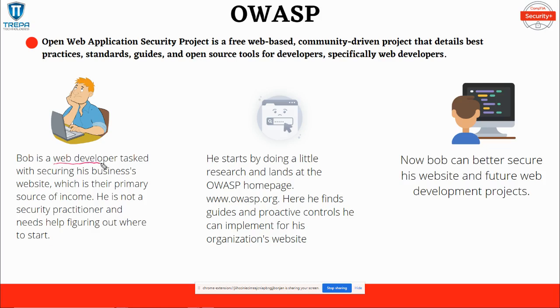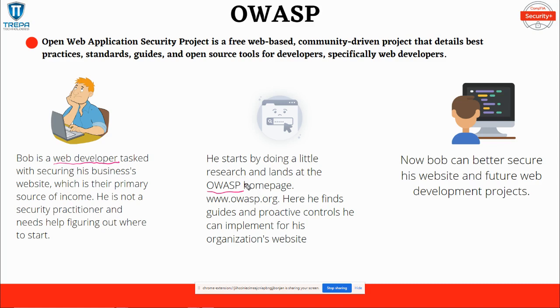So Bob may be a web developer who does not have security in mind, right? His primary source of income is creating awesome looking websites. He's not a security practitioner, but he wants to start figuring out some best practices he can implement into his coding process to protect the websites he builds for his customers or for himself. Where he wants to go is that OWASP page.